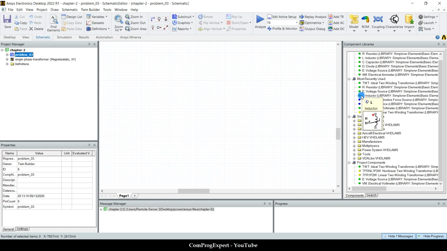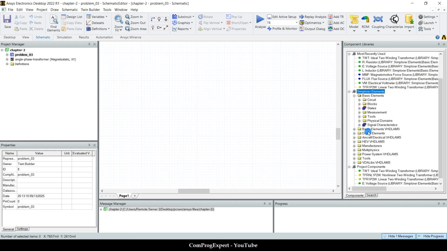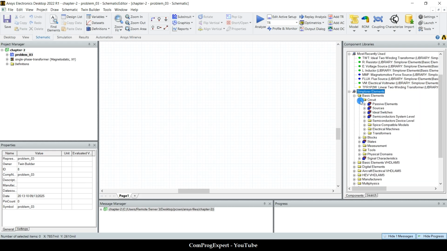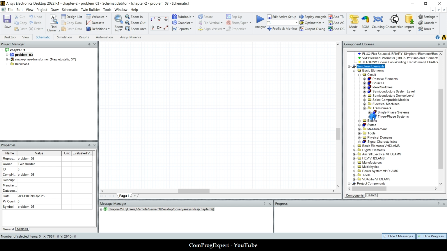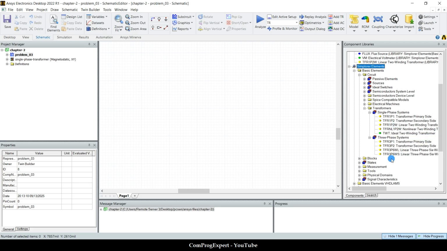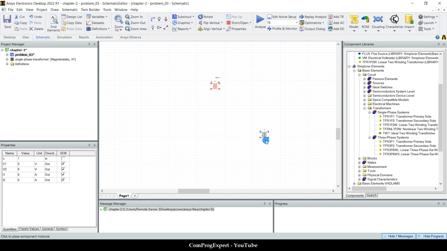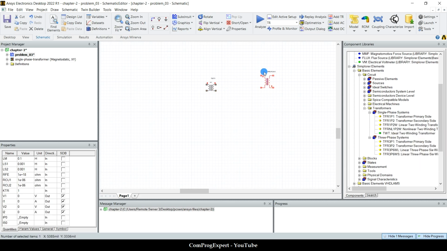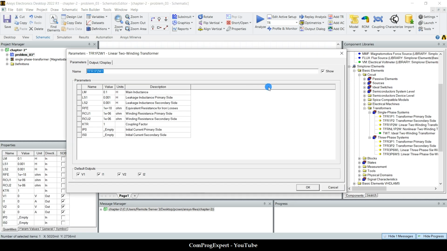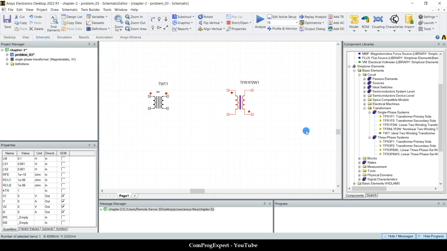So here in the basic elements, circuit, transformers, we have these models for single phase systems and three phase systems. This is the ideal transformer, two winding transformer, ideal one. Also, we have a two winding transformer with a linear core, a core with a linear magnetic permeability.